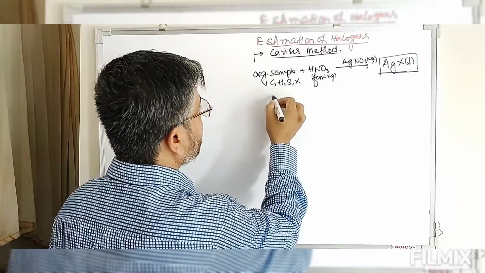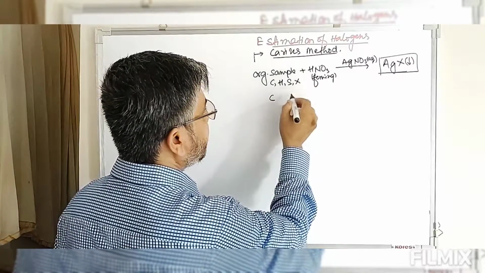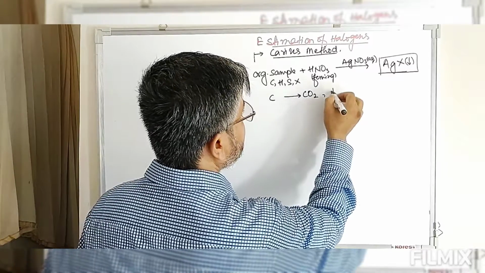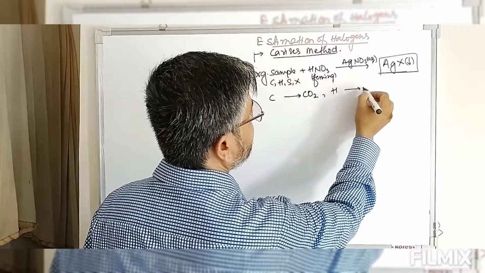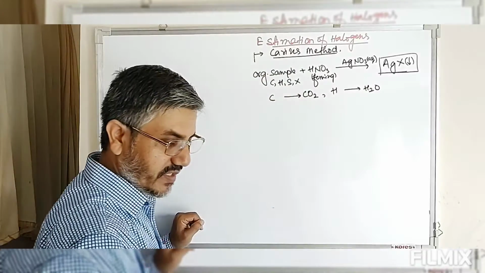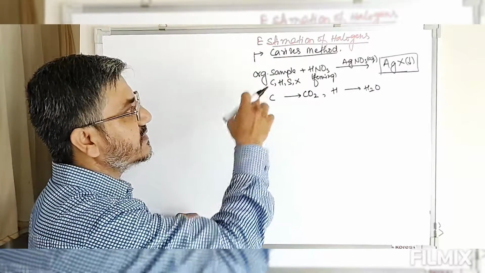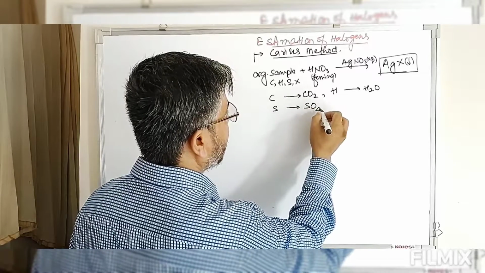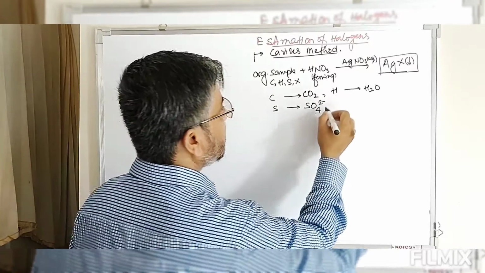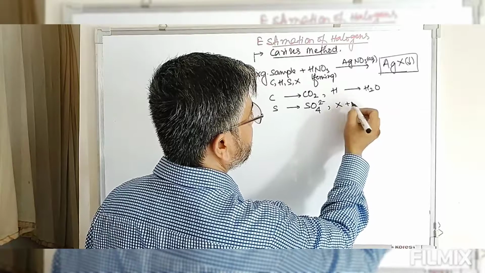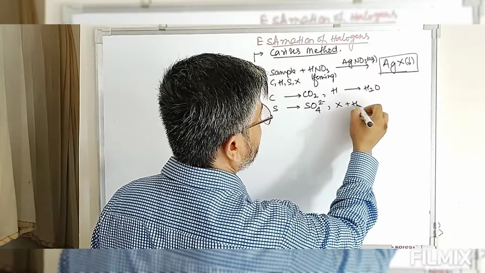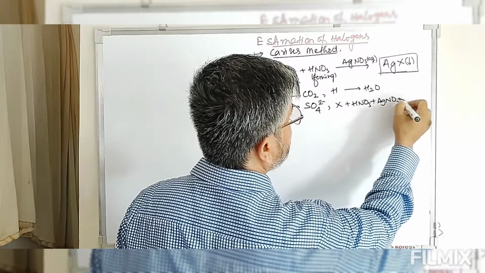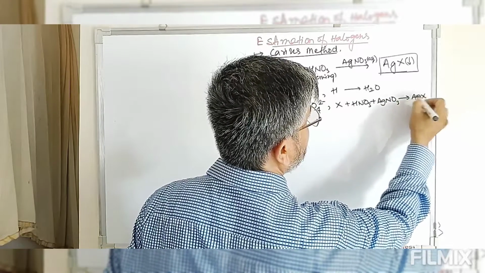Now what is happening is carbon, when heated with this nitric acid, is converted into carbon dioxide. Then hydrogen is converted into water, because we are heating with this nitric acid, which is an oxidizing agent. Sulfur is converted into sulfate ion, and the halogen, on reaction with HNO3 plus silver nitrate, is converted into insoluble silver halide.